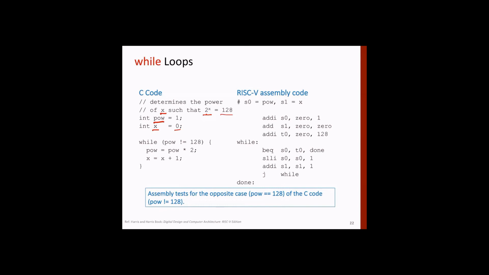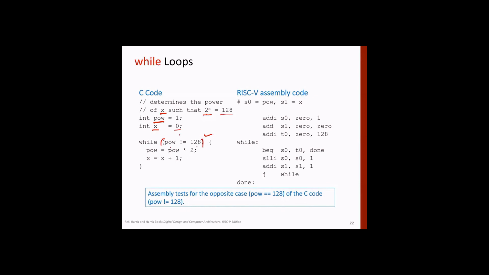So in the first iteration it will be 1. Initially POW is 1, so this condition, POW not equal to 128, will be true.